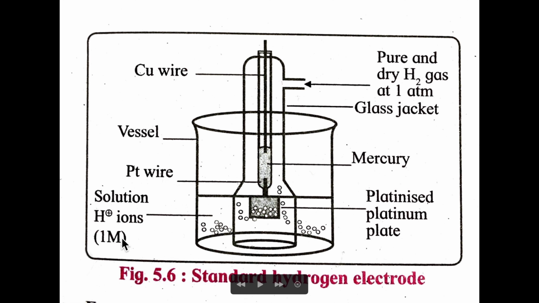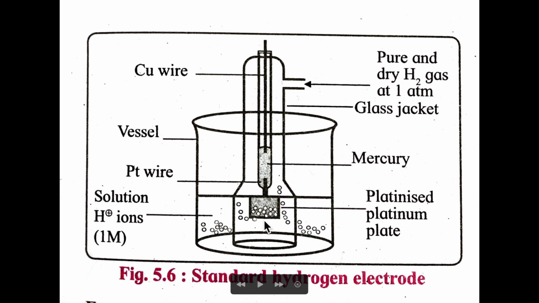1 molar. Now when you pass hydrogen gas at 1 atmospheric pressure, this hydrogen gas is collected on this platinum plate, and these hydrogen gas molecules are in direct contact with H plus ions.